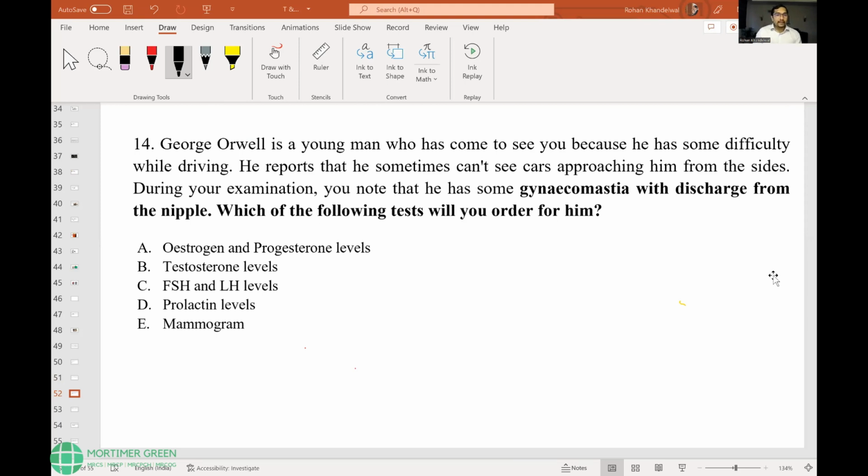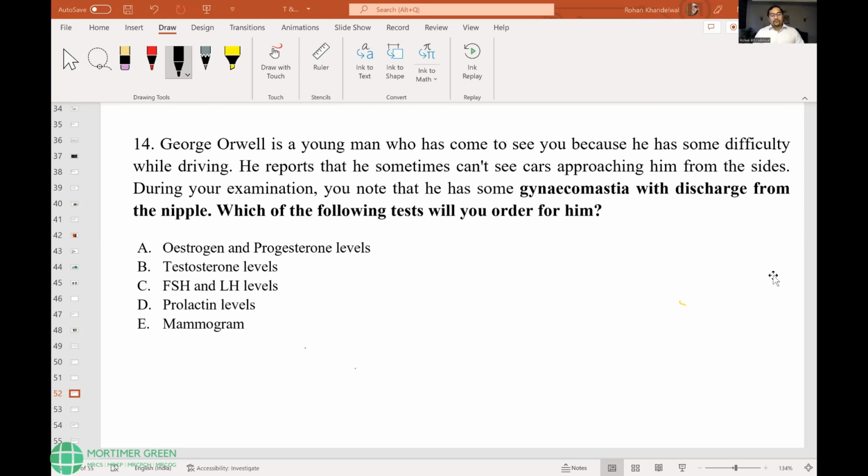Correct. So we have bitemporal hemianopia, which is a sign of pituitary adenoma. Always remember that in the MRCS exam, usually the question stem would want you to make a diagnosis first, and then the question per se would be based on that diagnosis, maybe regarding the examination, the investigations or the treatment.